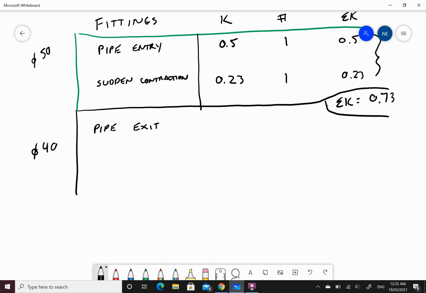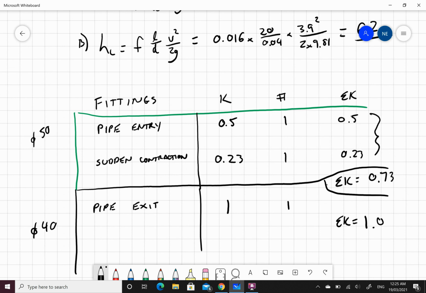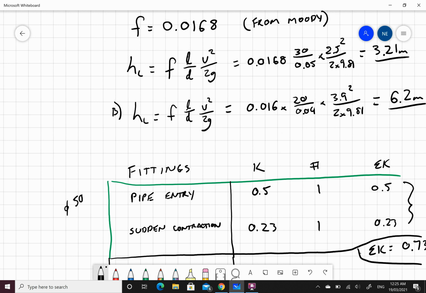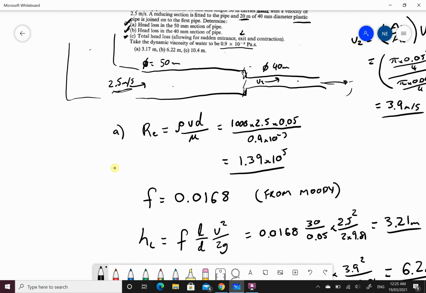Again, go through, what you'll find is it's a K value of 1. I have 1 of them, so my sum of K is equal to 1.0. Alright, so now I can work out my losses due to fittings and then add them together. Alright, so that's how we work out our total head loss.